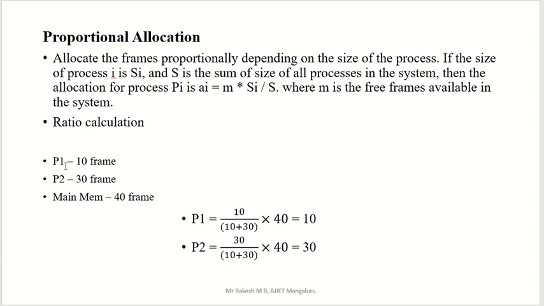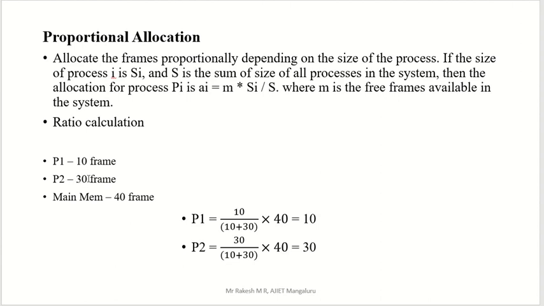I consider one example here. P1 is a process that needs 10 frames, which means P1 has 10 pages, that's why it needs 10 frames in memory. P2 is another process with 30 pages, that's why it needs 30 frames in main memory for storing.